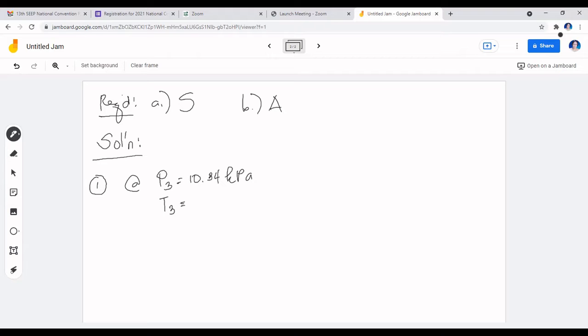So if you have your property tables with you, can you help me out here? Kindly look for T sub 3. If it's not given in the exact value, please do interpolate. I'll also check from my end what's the value for such.